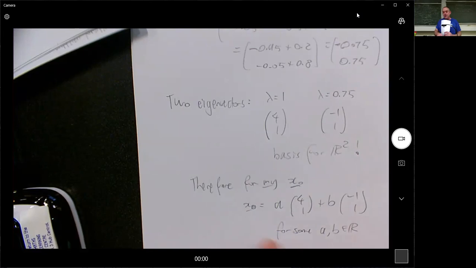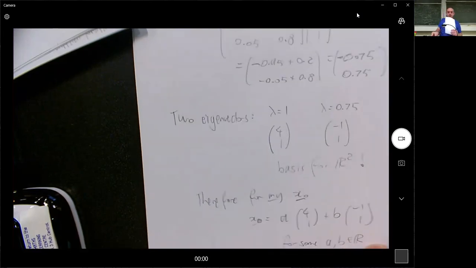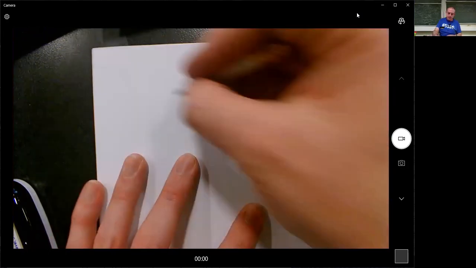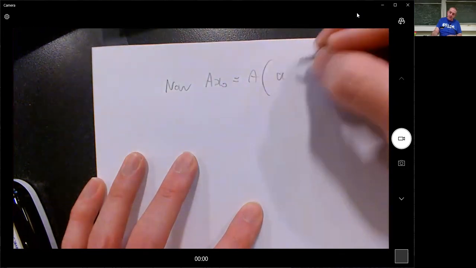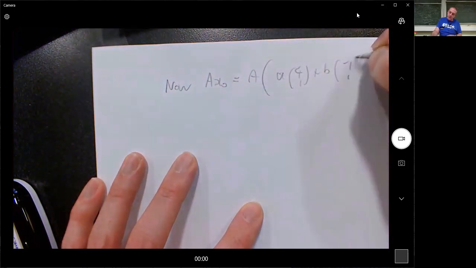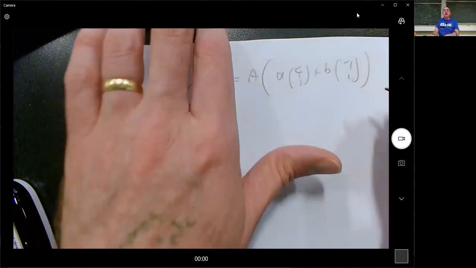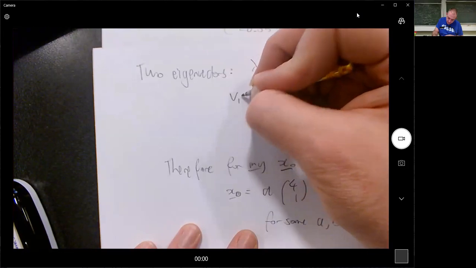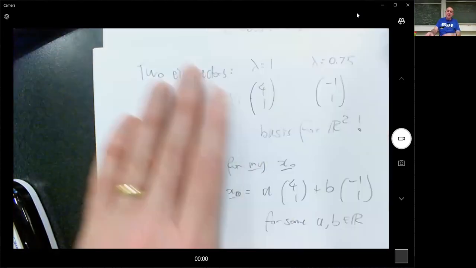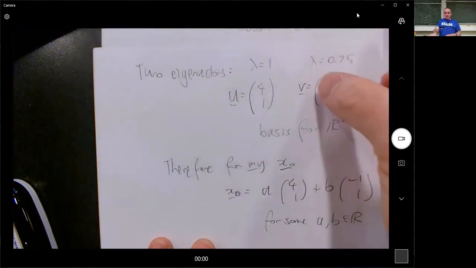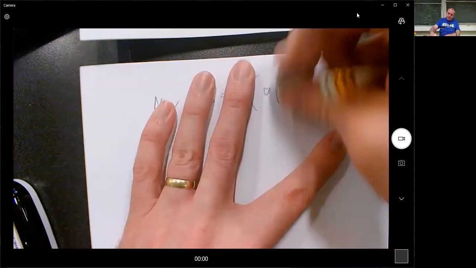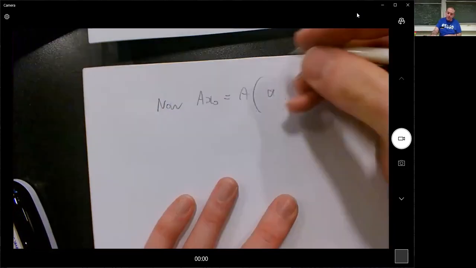Now if I multiply x naught by A, A times x naught would be a times A of 4, 1 plus b of minus 1, 1. Can I keep these vectors' names? I shall call them u and v, because now I don't have to keep writing all sorts of things.